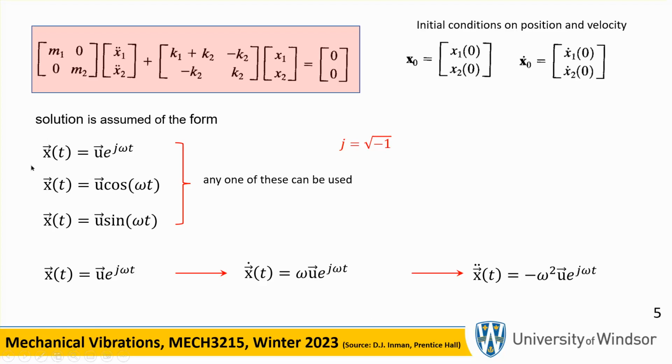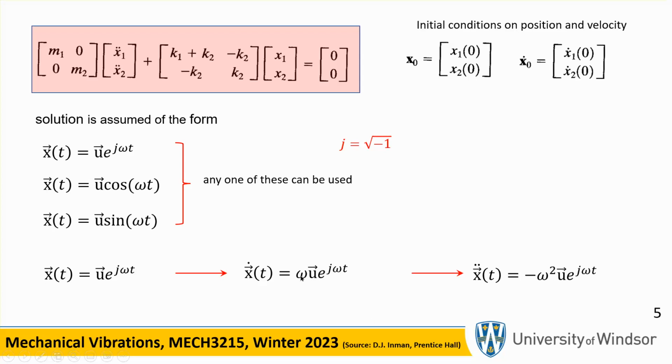Okay, if I differentiate this, because u is a constant, essentially I differentiate e to the j omega t. Sorry, there's a mistake here. There is a j missing. So the derivative of e to the j omega t is j omega e to the j omega t.